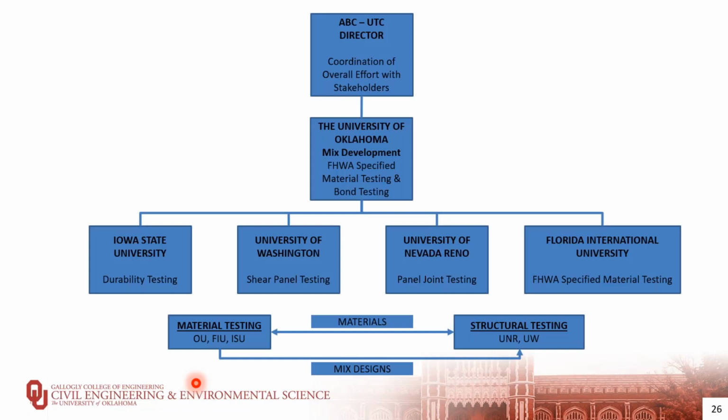So I won't repeat what Mary Lou said about the structure of this project, but we did involve all of the different partners within the ABC UTC. And one interesting thing that we were able to do was to send our local materials, say to FIU, for them to send us their local materials, to do the same thing with Washington University and Nevada, Reno, so that we could examine repeatability within different labs as well as across different labs.